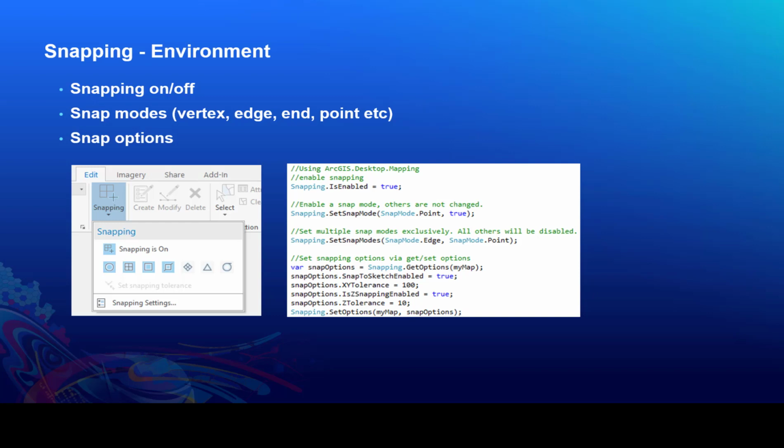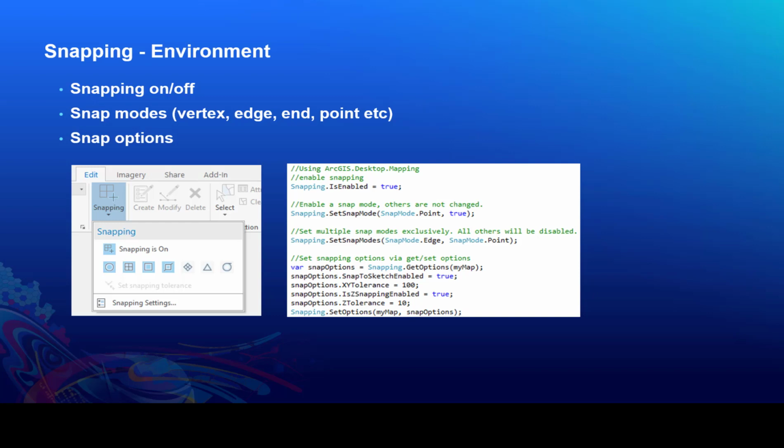To the right here's the supporting API, and all these methods and properties are hanging off a static class called Snapping, which is available from the Desktop Mapping namespace. So at the top of this code we have the primary switch, IsEnabled. It's a boolean, true or false, basically turns on and off snapping for the project. Underneath that we can set the individual global snap modes. So we say SetSnapMode, and then we can give it the snap mode, true or false, on or off.